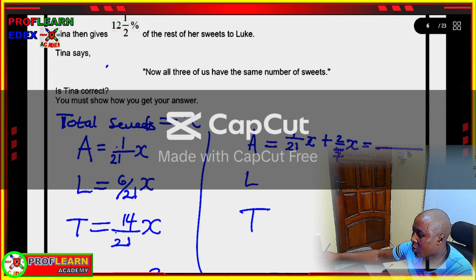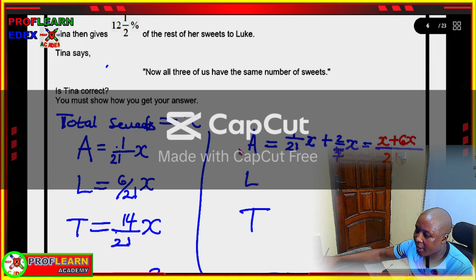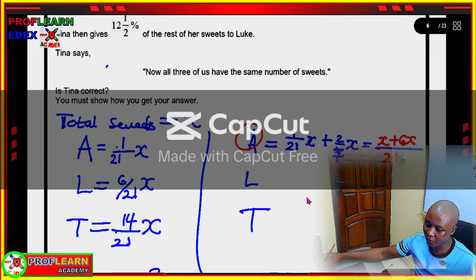What's the total number of sweets? The common denominator will be 21, and 2 over 7 becomes 6 over 21, so that will be 6x. So Hadi is going to have a total of 7 over 21 of x, and this simplifies to 1 over 3 of x. That's what Hadi will have.